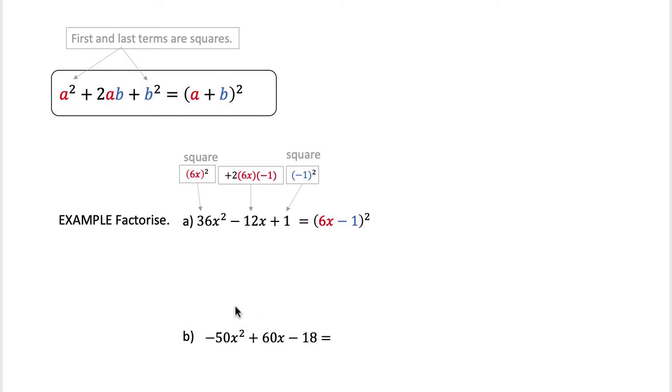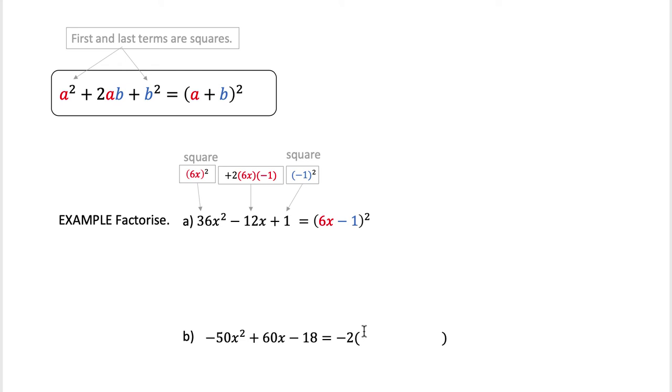But we can see that all these 3 terms, all the coefficients, have a common factor because they can all be divided by 2. And we would want the first and the last terms to be positive because only positive numbers can be squares of something. So we'll factorize all the terms by negative 2.